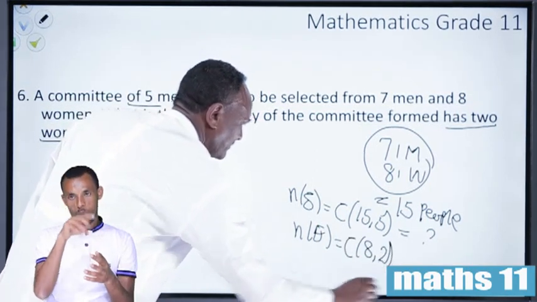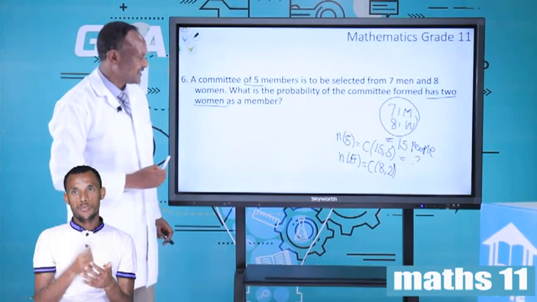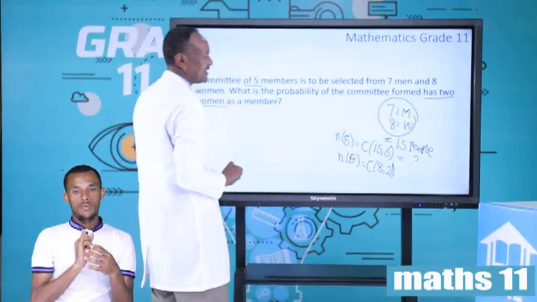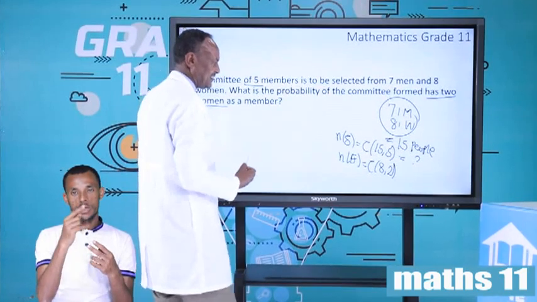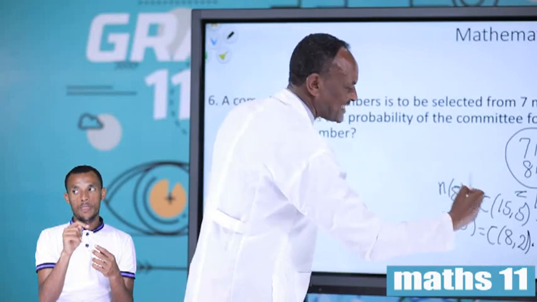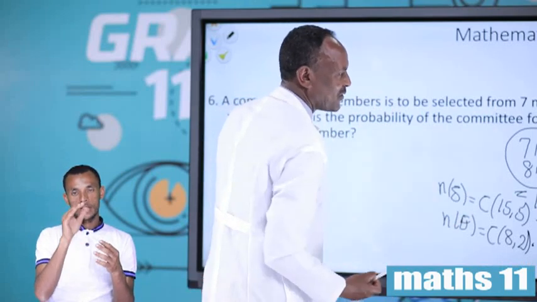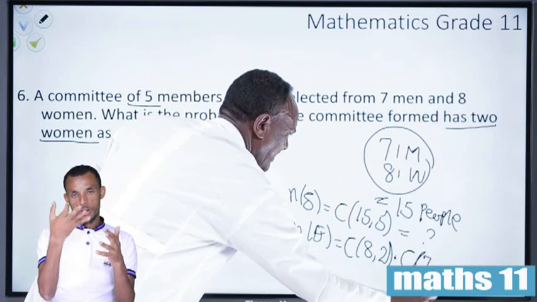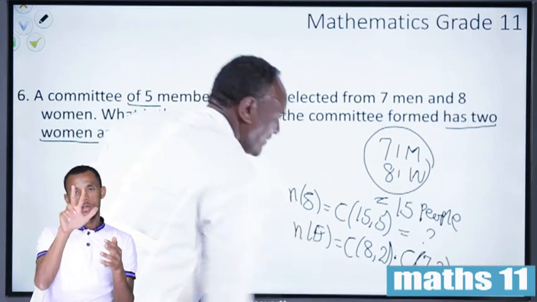This gives that out of 8 women, I have selected 2 of them to be members of the committee. If 2 of them are members of the committee, the rest of the members should be selected from the group of men. So this will be the combination of 7, 3.